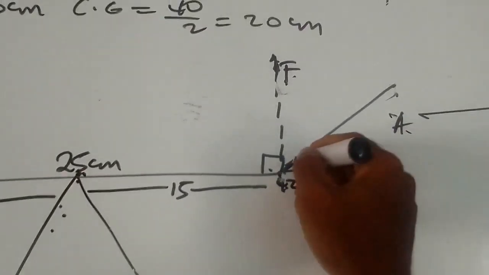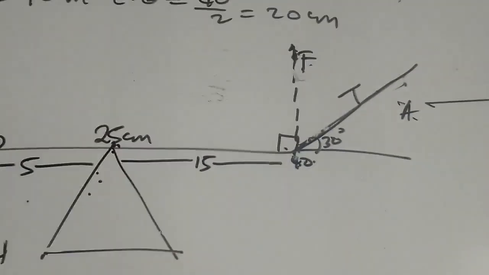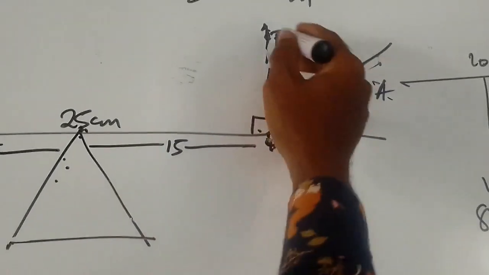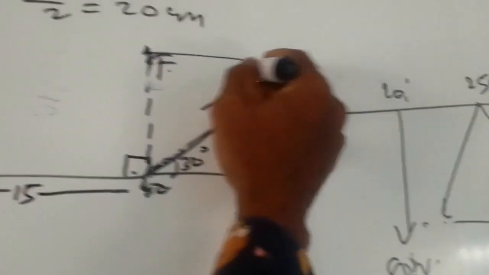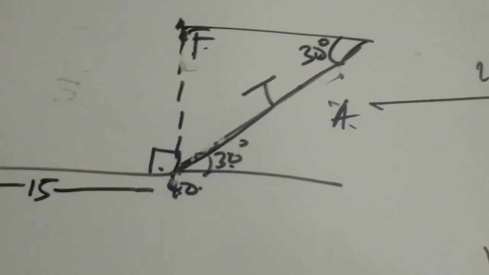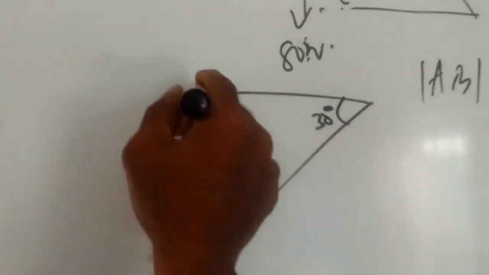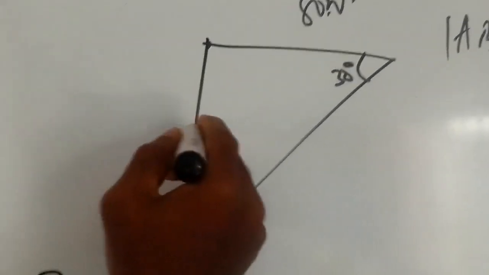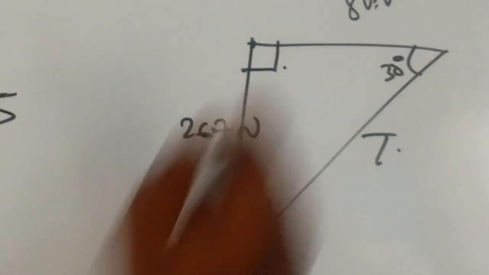But we're not looking for this force, we're looking for the tension on that string. If you complete that shape into a triangle, the angle here is also 30 by virtue of alternate angles. So let's draw the triangle out. Here is 30. The force here is 26.7, which is the F calculated here. We're looking for the tension. The angle here is 90 degrees.